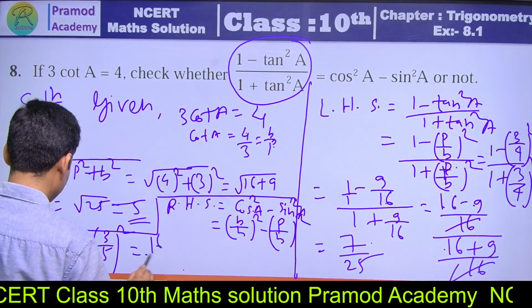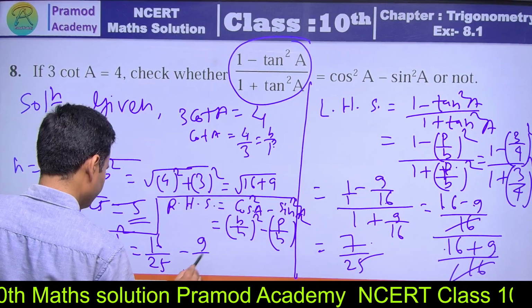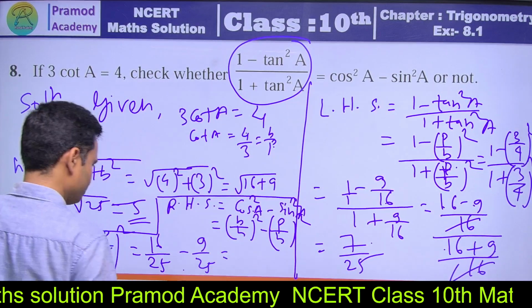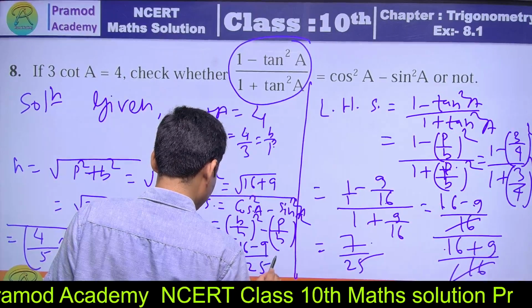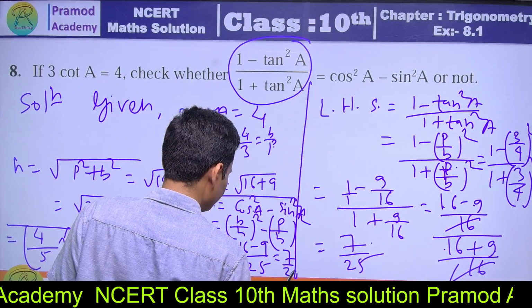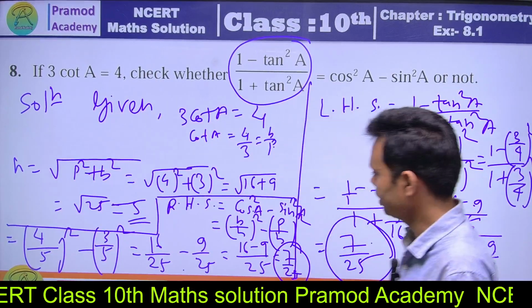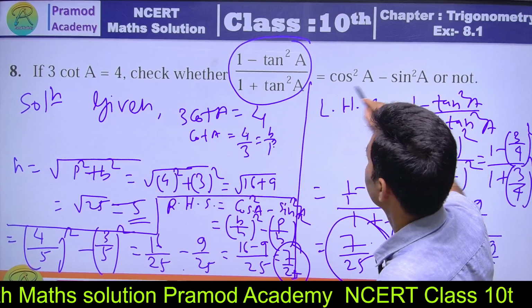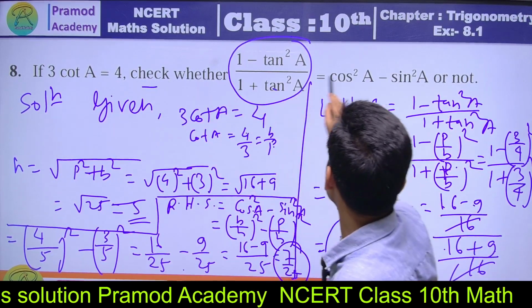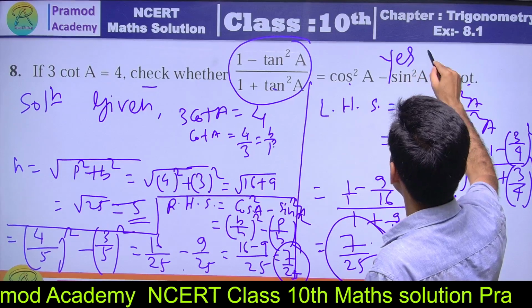So 16 by 25 minus 9 by 25. So 16 minus 9, 7 by 25. So this is the RHS and this is LHS. So both are equal. LHS and RHS both are equal. So check whether these are equal or not. Yes, it is equal.